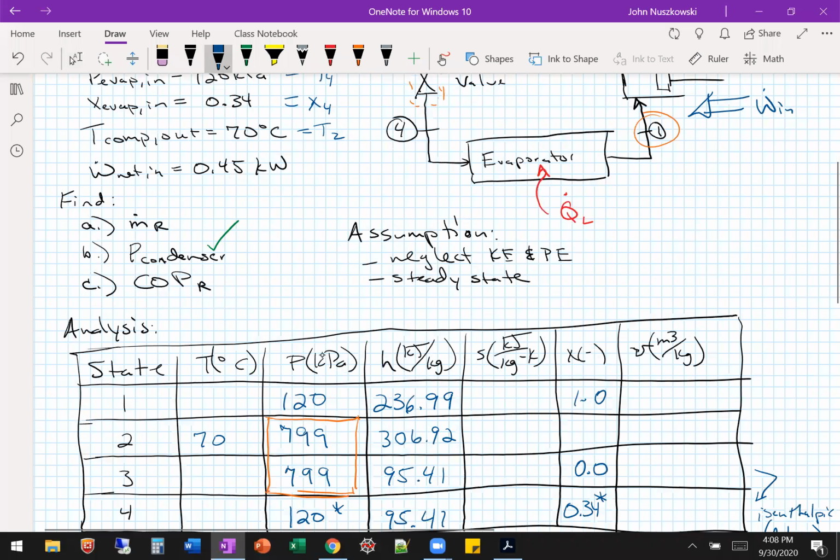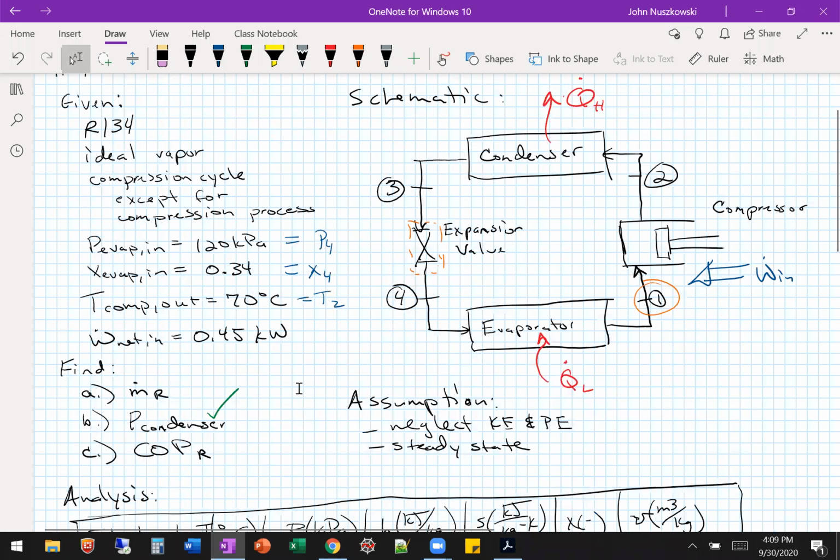Now let's look at part A. It's looking for the mass flow rate of refrigerant. What do we do to get that? Any ideas?